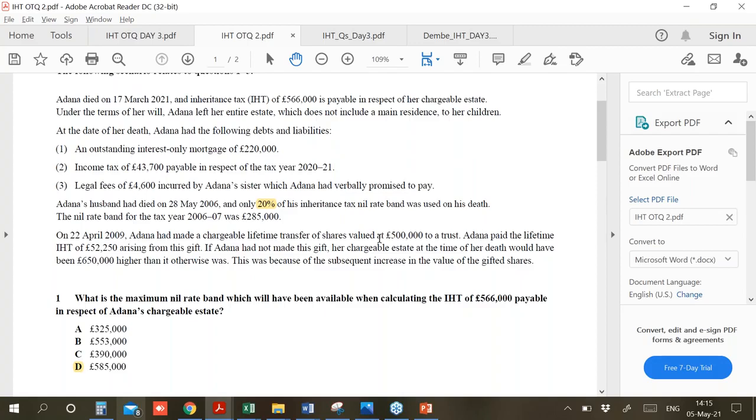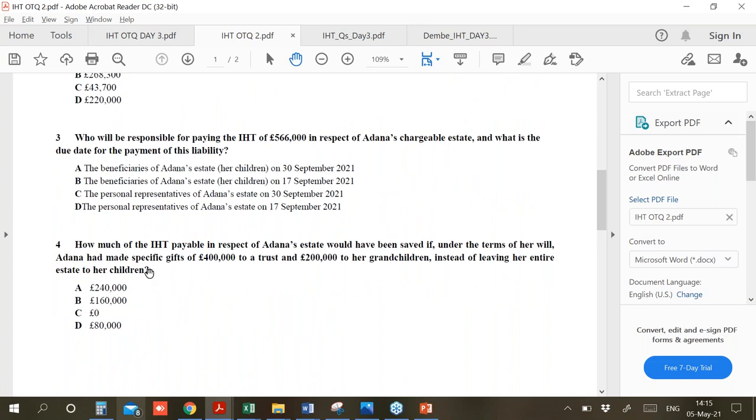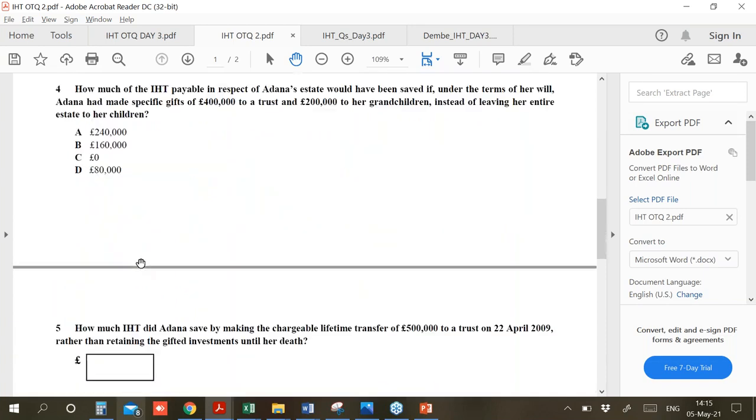If Adana had not made the gift, her chargeable estate at the time of her death would have been 650,000 higher than it otherwise was. Okay, so what do we have to calculate? This was because of the subsequent increase in the value of the gifted shares. I guess this belongs to the fourth and the fifth one.